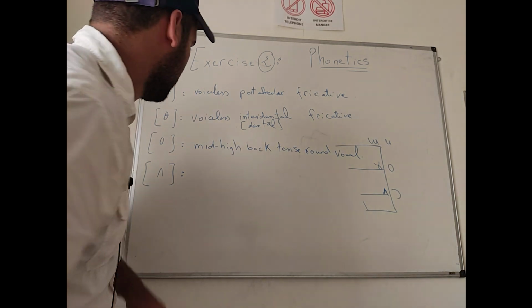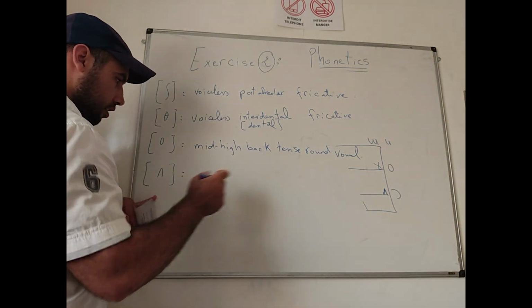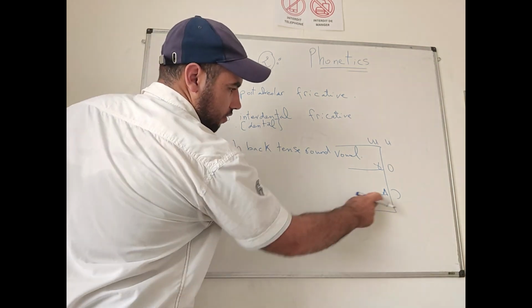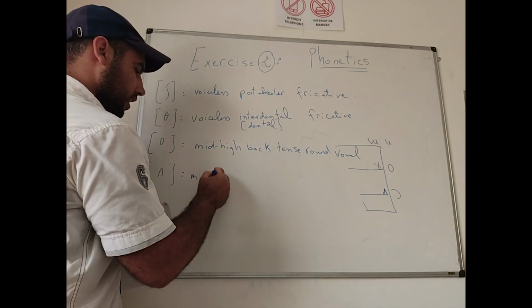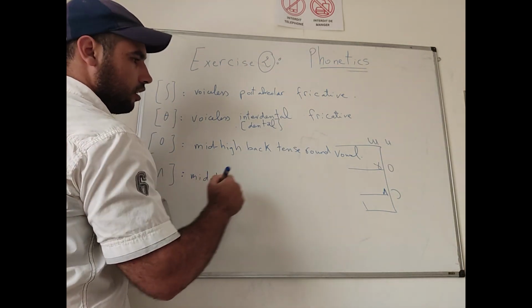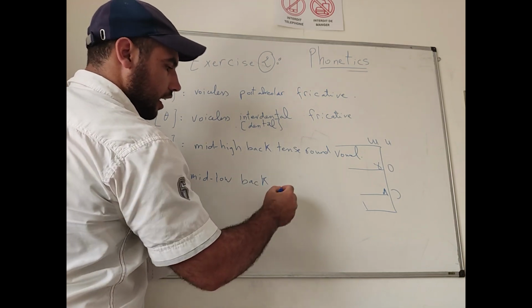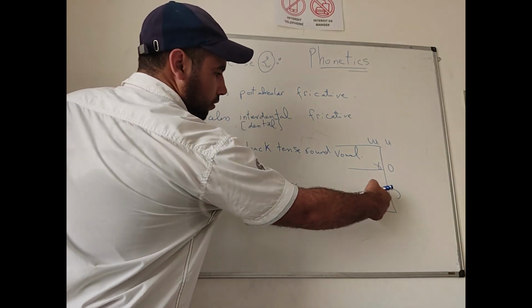So the A sound, the same thing goes for this. It is mid-low, because we said this one stands for the mid-low and this one for the mid-high. Mid-low. Back. And lax. The A sound is lax.